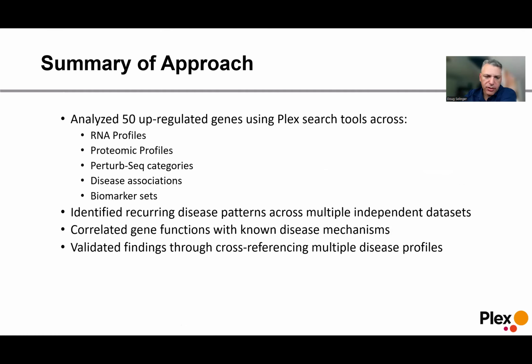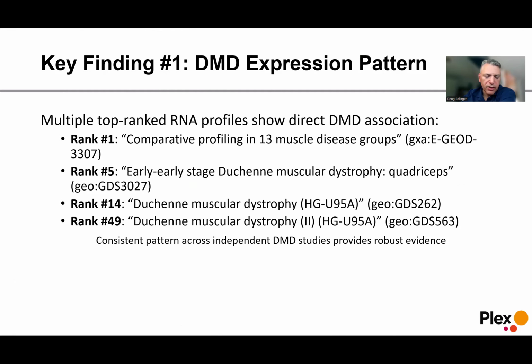So it summarizes the approach and tells you this is why DMD is the answer in this case, or the strongest result. In this case, we know the source of the gene signature, so we know this is the correct result. It tells us just what we saw a moment ago.